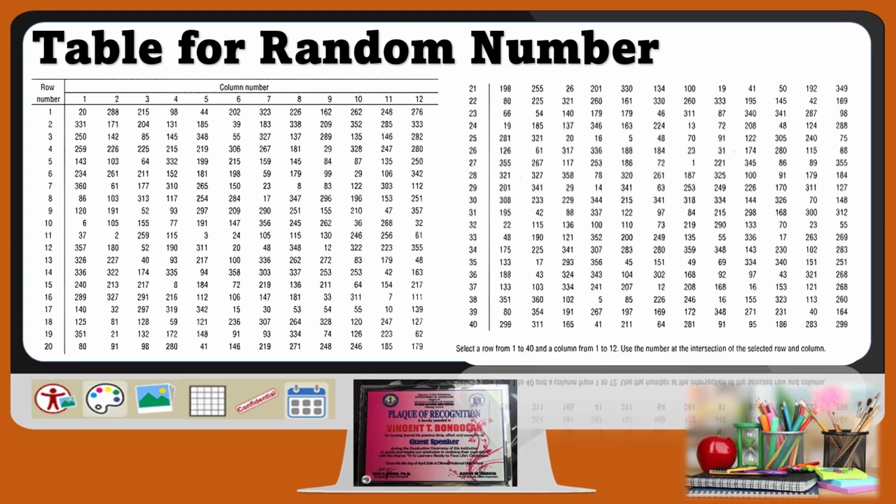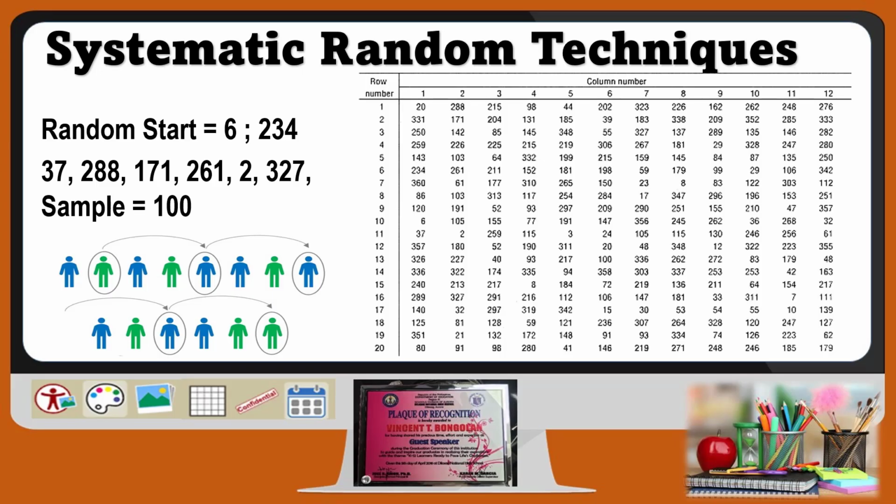So to do this, you need to close your eyes and put your finger on the left side and choose a number, and then open your eyes and check what number you have chosen. So let's say, for example, you close your eyes and you chose 6.